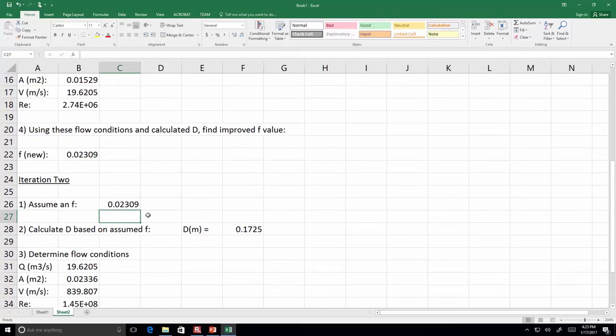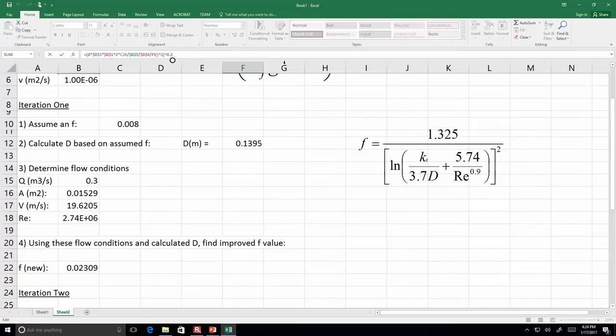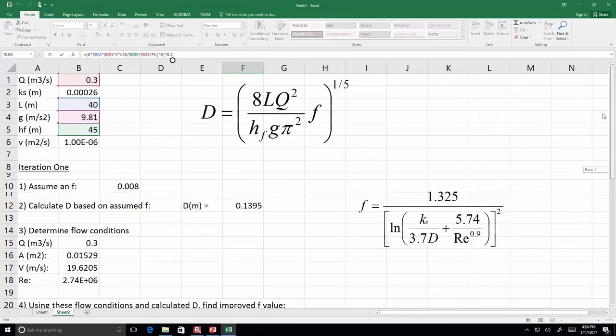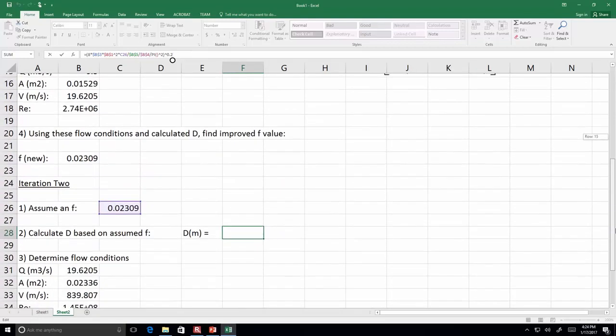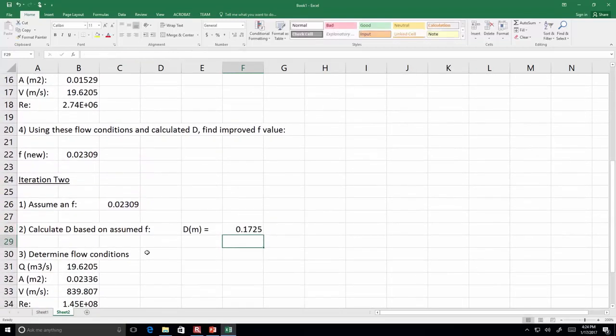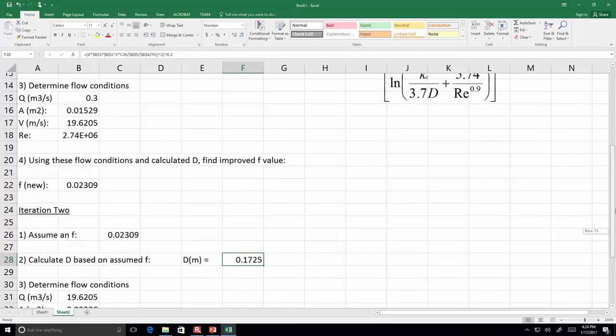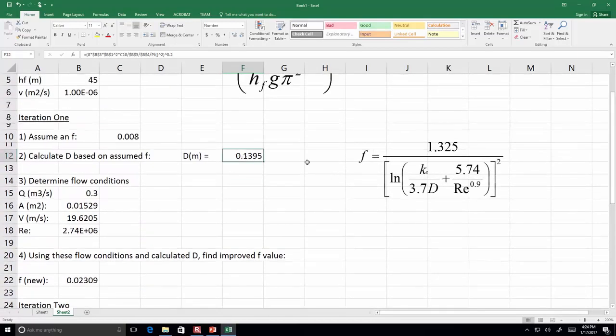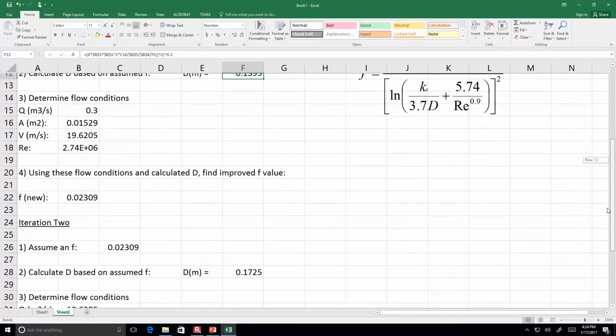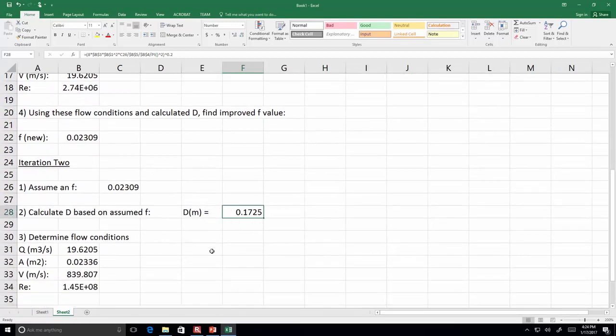This guess value of d is looking up here at the original data, so it calculated a new diameter needed. It didn't change the pipe size too much. It went from about 0.14 to 0.17.